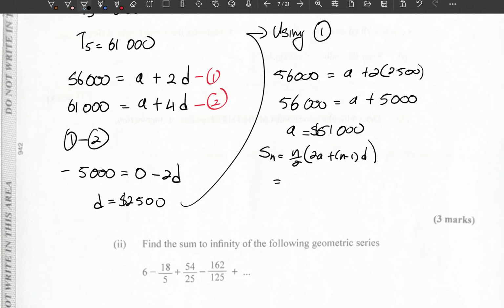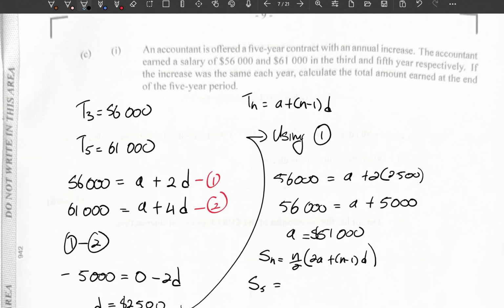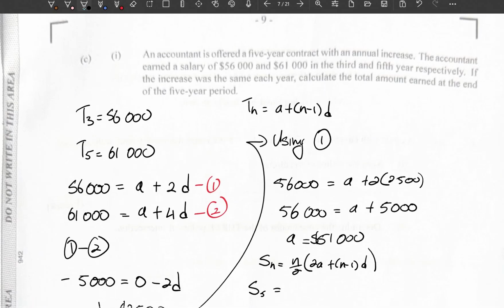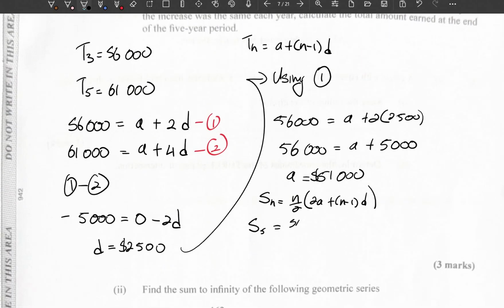So S sub 5 would be n over 2. So that's the end of the 5-year period. So that's going to be 5 over 2 into 2 by 51,000 plus n minus 1, that's 5 minus 1, that's 4, d is going to be 2,500.